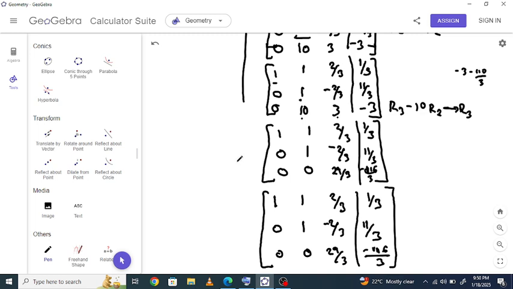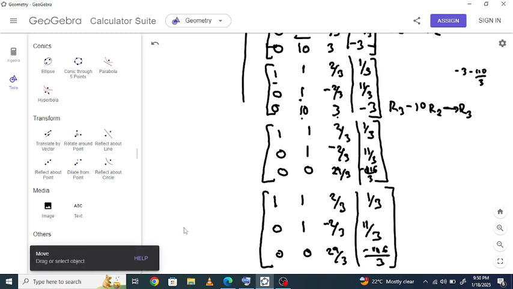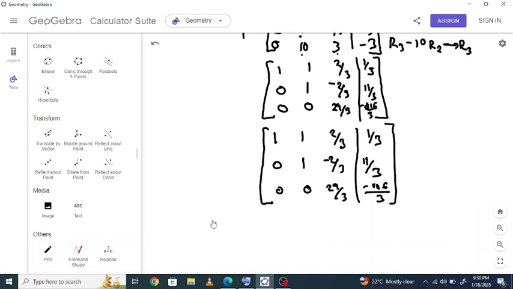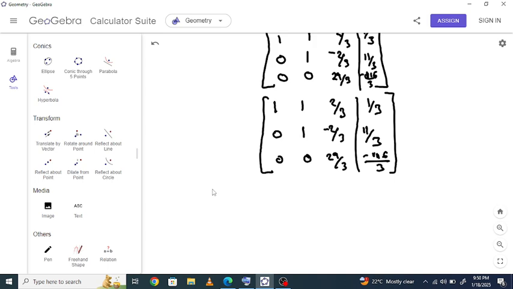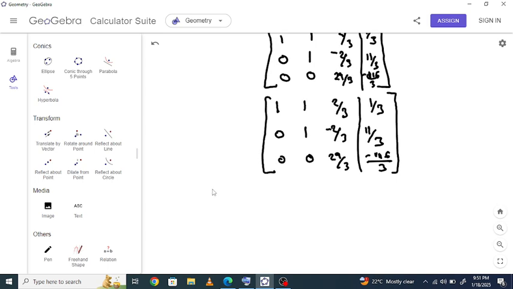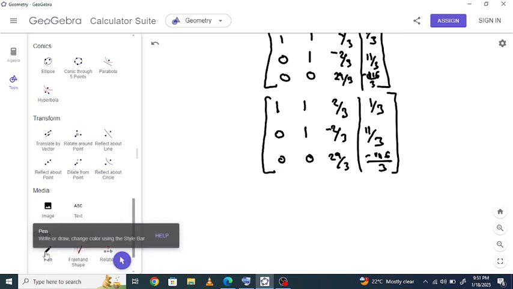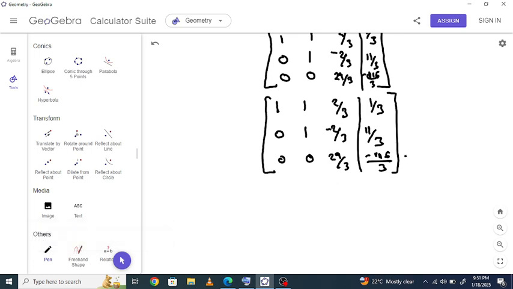So we'll go forward, we continue. We can simplify the last row by multiplying by a reciprocal, because we want a 1 here. So definitely we multiply by the reciprocal: 3 over 29 R3, R3 goes to R3. If you multiply -116 over 3 by the reciprocal, it gives you -4.